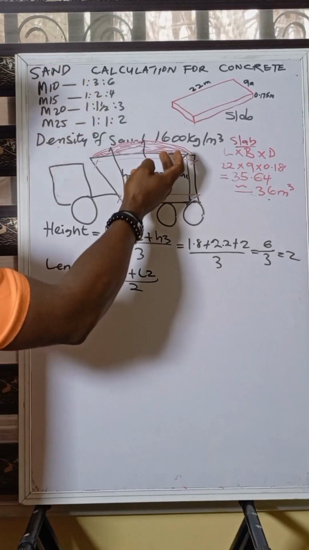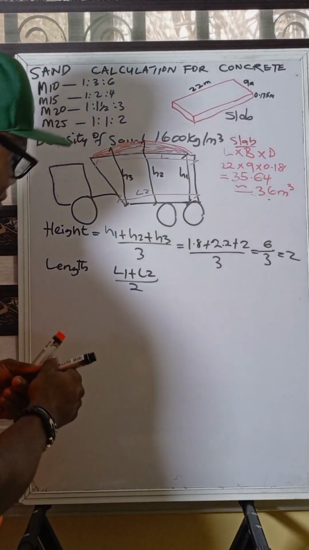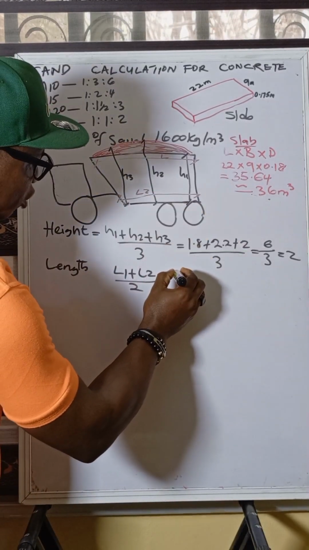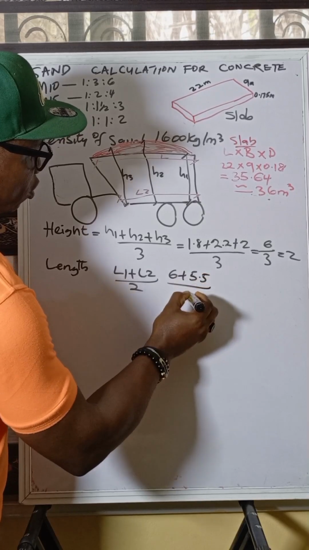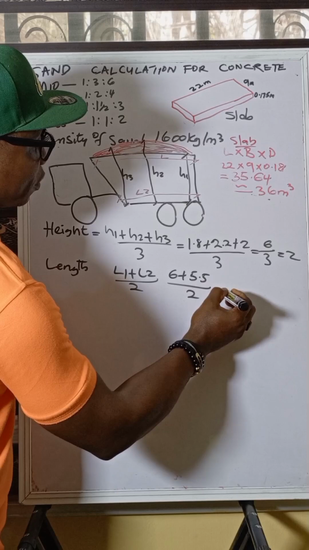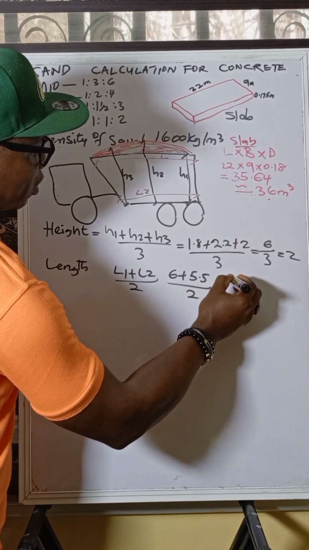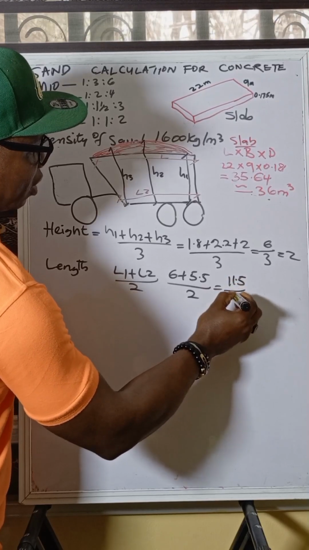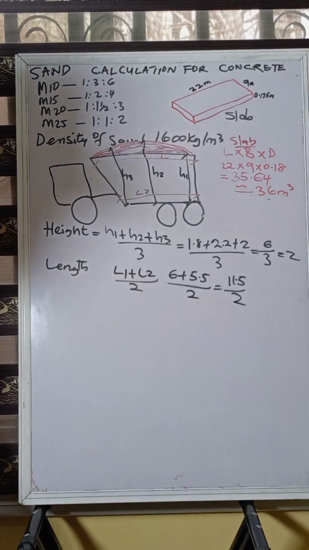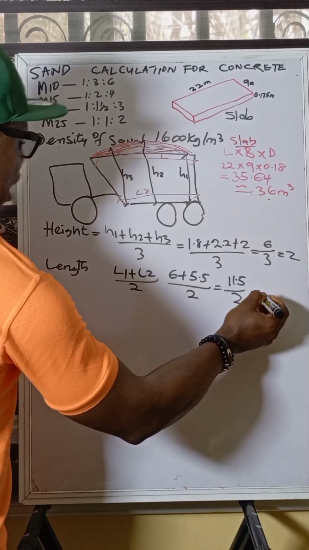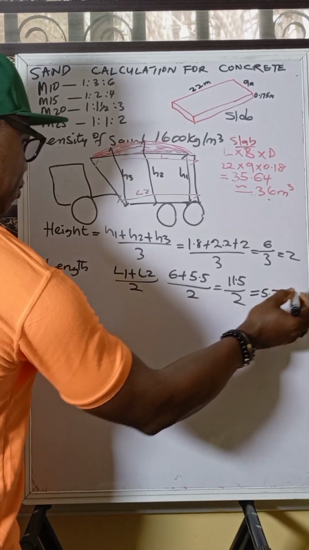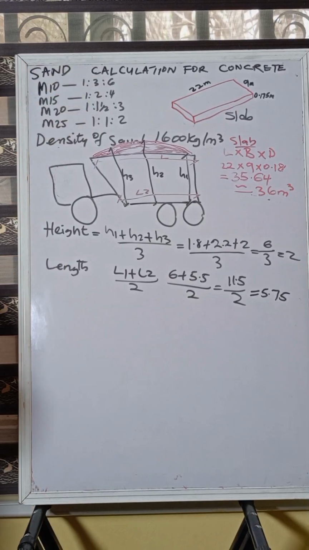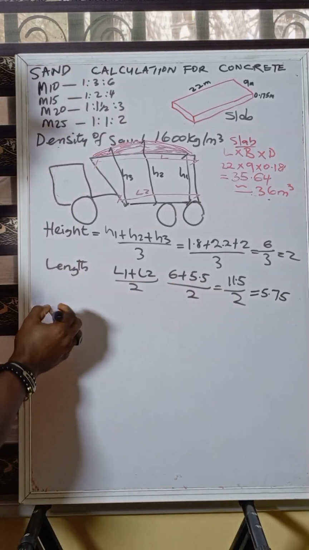Let's say L1 is 6 meter and L2 is 5.5, over 2, which is equal to 11.5 over 2. Our average length will be 5.75.